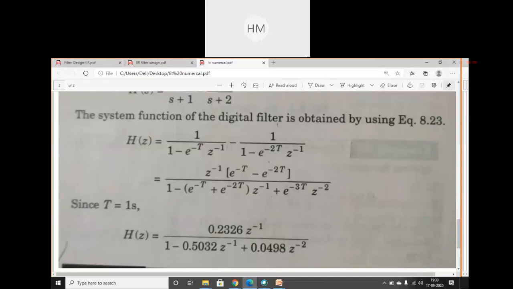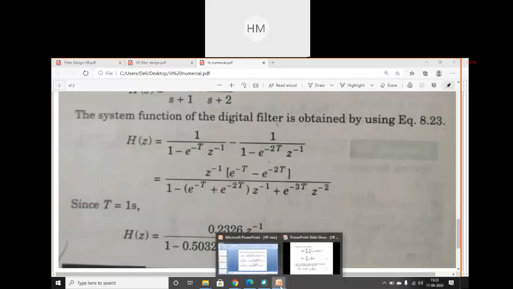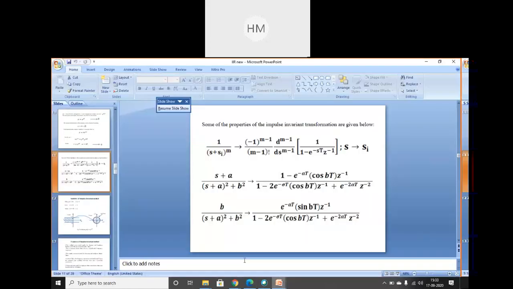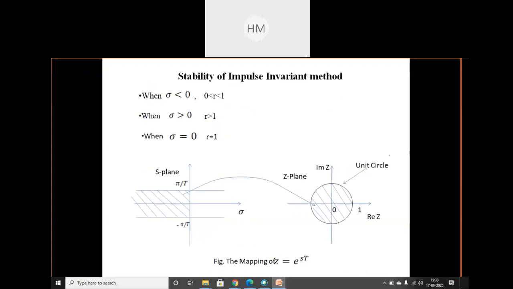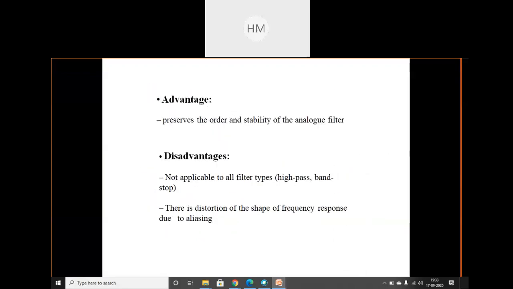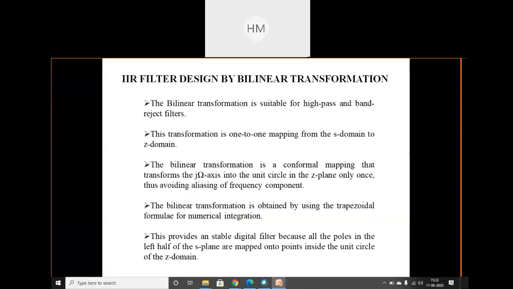So now we will move towards the next method to simplify IIR filter design by using bilinear transformation. So students, please write down the next heading, filter design by bilinear transformation.